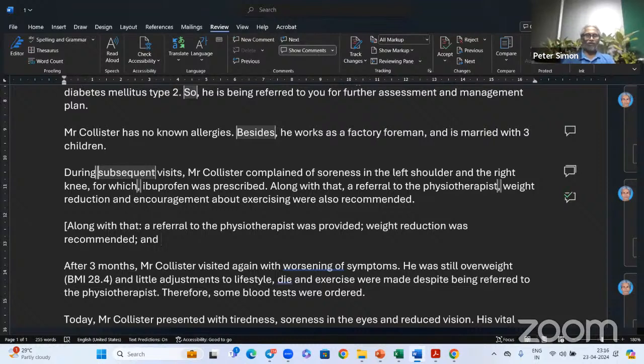So exercises were encouraged. First, this is how you can write that. Okay, this is how you can write.